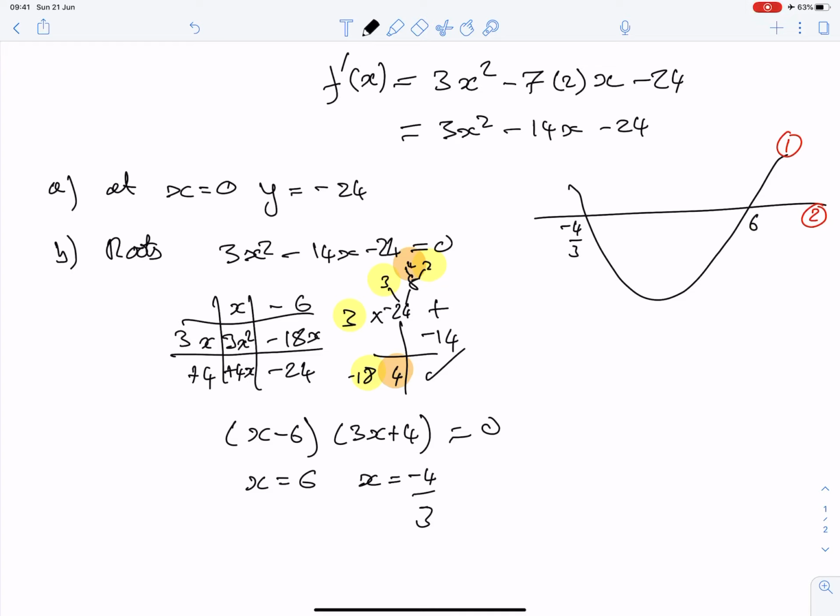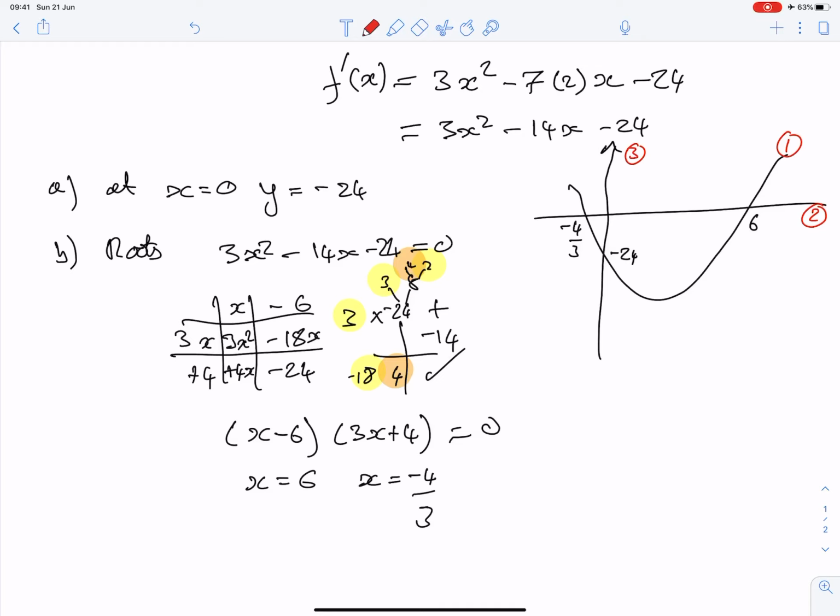So I can now put my y-axis, and there's my y-axis, and that's negative 24. Okay, now part C says to find the turning point.